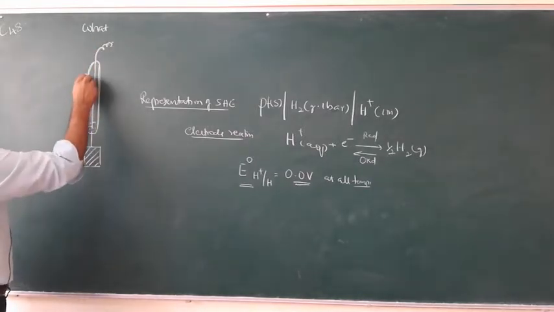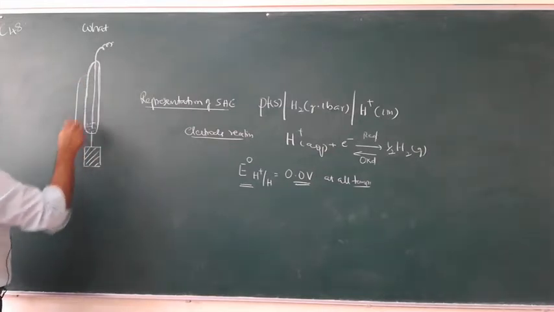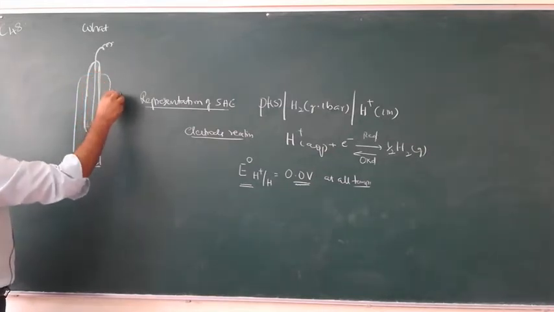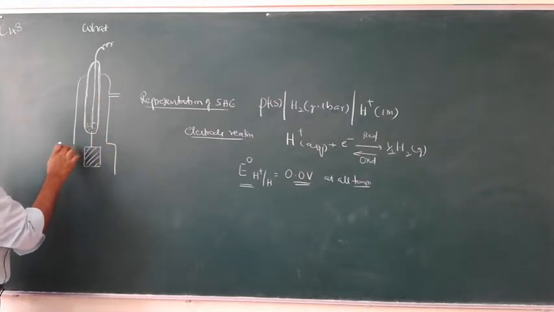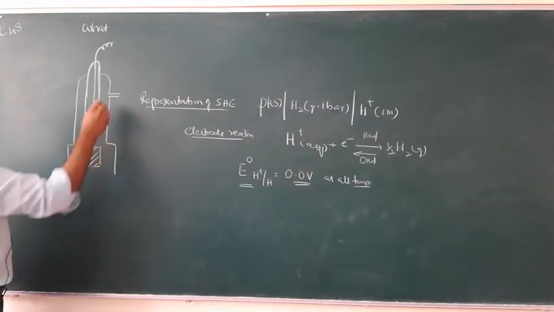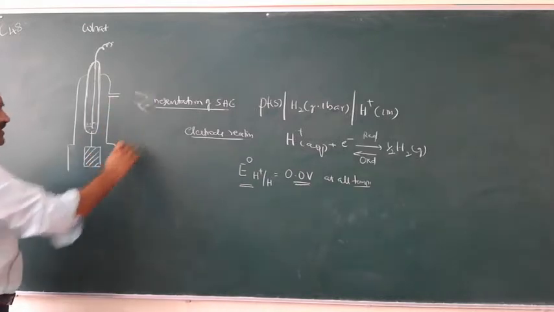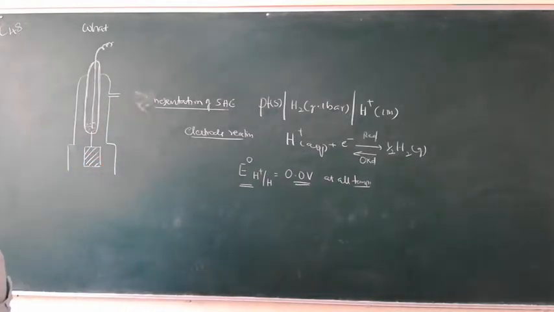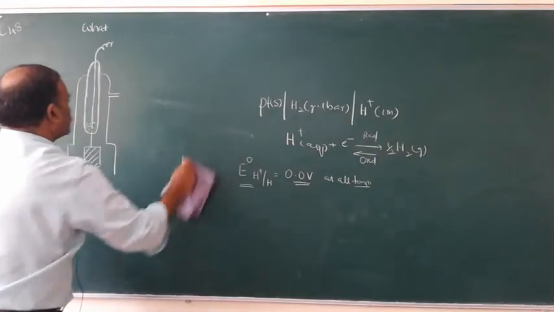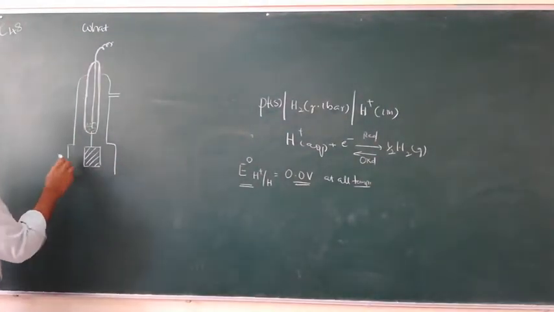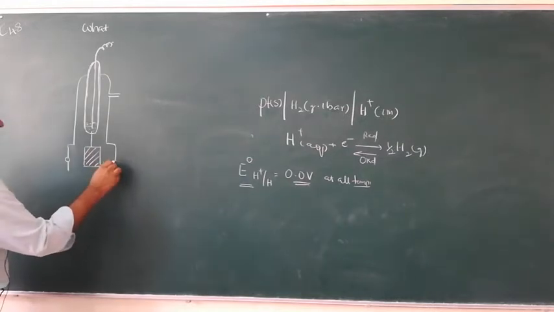And then this narrow tube is surrounded by a glass jacket which is having an inlet at the top. This is the inlet at the top for the entry of hydrogen gas and 2 holes at the bottom for the escape of hydrogen gas.